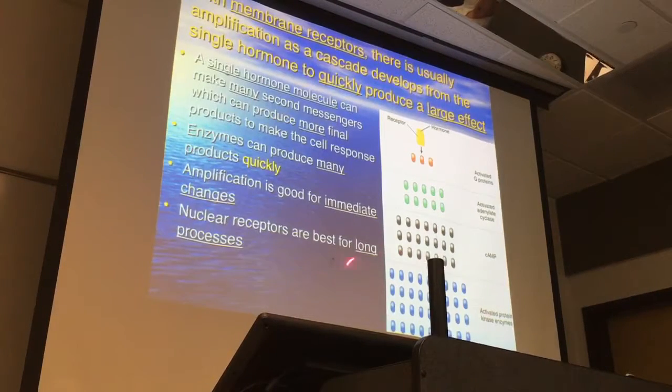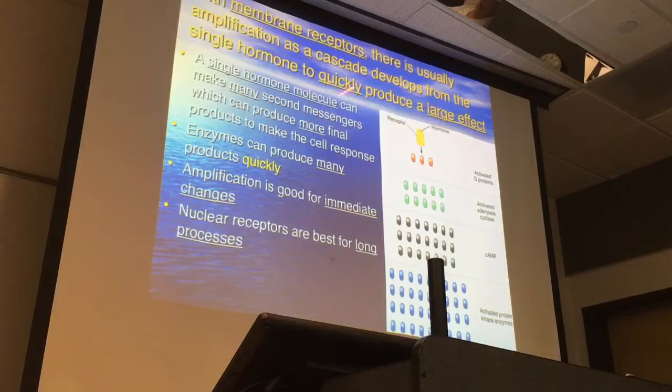Since everything already exists, this is quick, and then you end up with a large number. From one molecule, you end up with a large number of activated enzymes inside the cell producing the response. This can produce a huge response in a cell quickly.